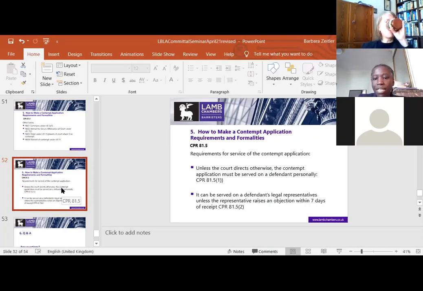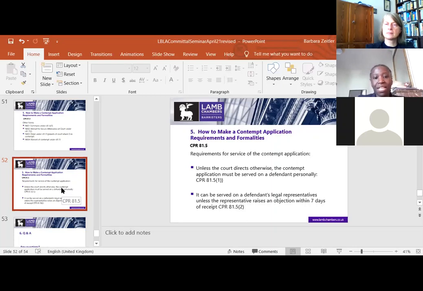Thank you, Barbara. I think it's just to reinforce that message that you gave earlier, that it should be personal service. That should be the default position. Again, this is a procedural safeguard for the defendant, because of the serious nature of these proceedings, they need to know about it. But as Barbara has already mentioned, there are instances where a defendant is knowingly trying to evade service, and therefore, if that's the case, then there should be an application made for substituted or alternative service.